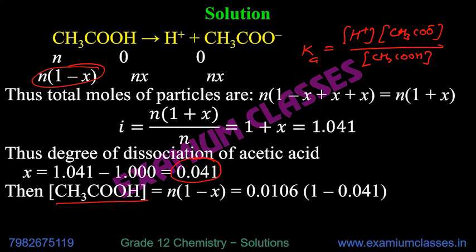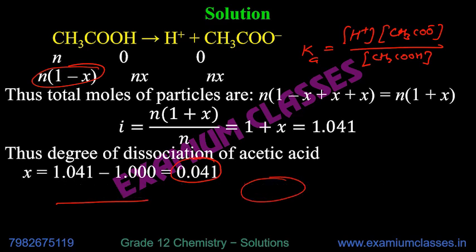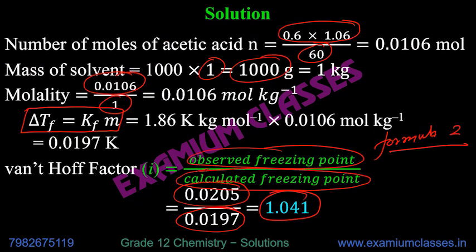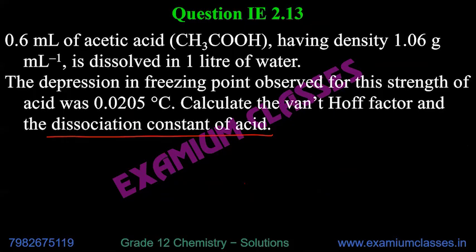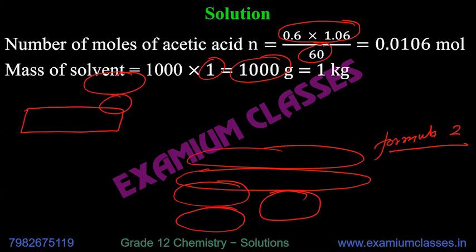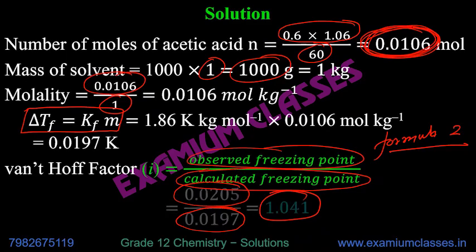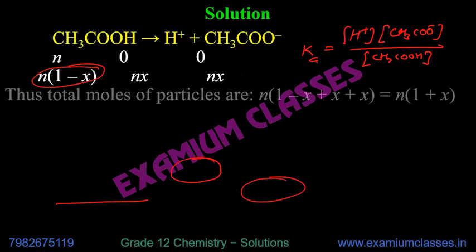Now n we have used, 0.0106. This one, 0.0106. So we use that value.